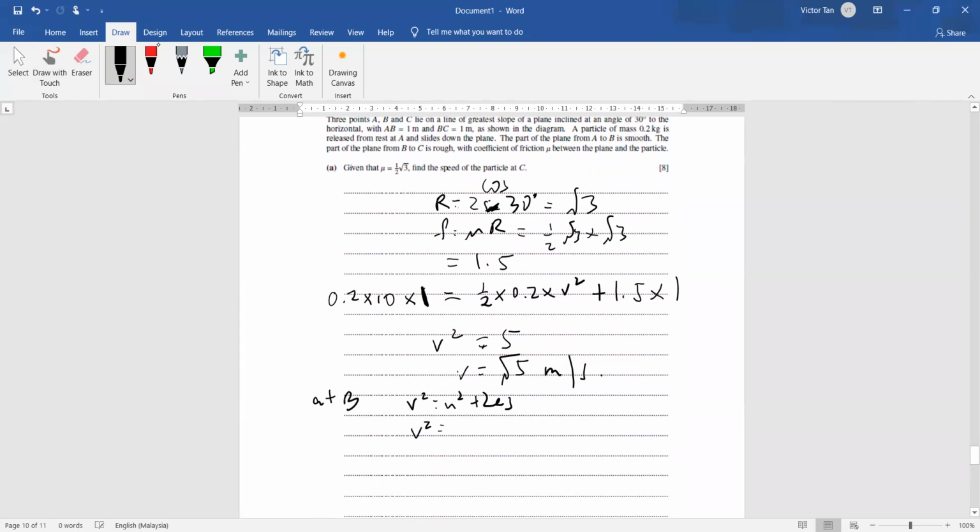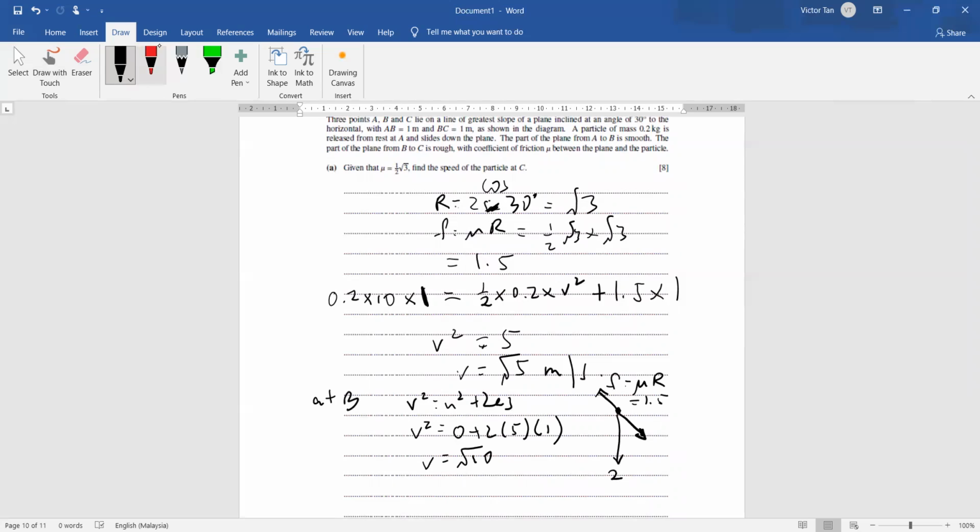So v squared equals 0 plus 2 times 5 times 1. So v is square root of 10 at B. Friction mu R is 1.5.